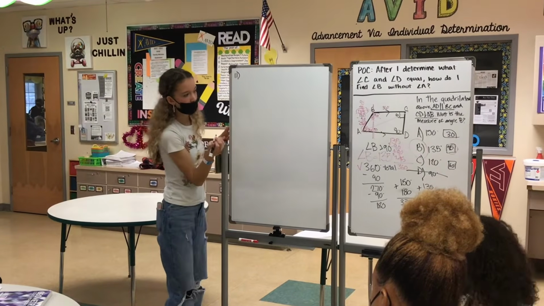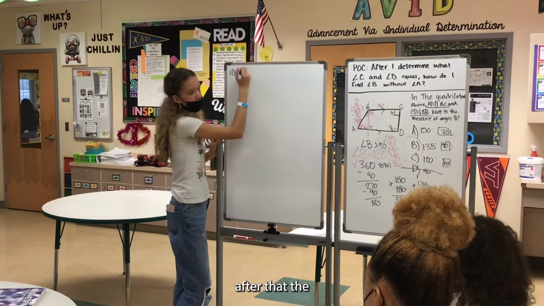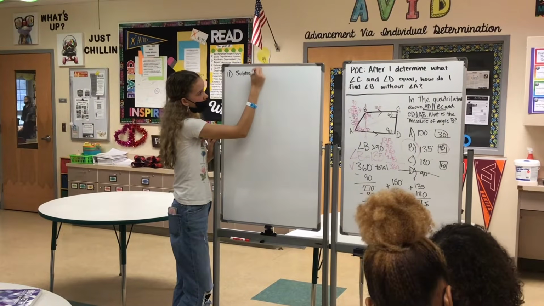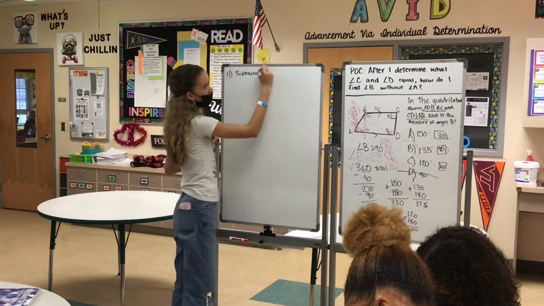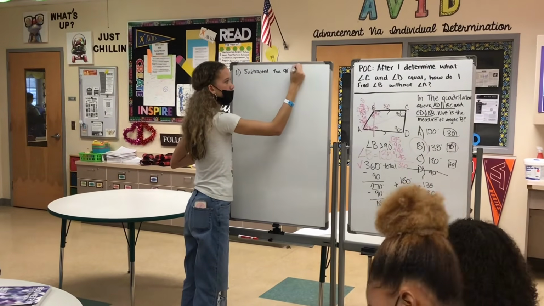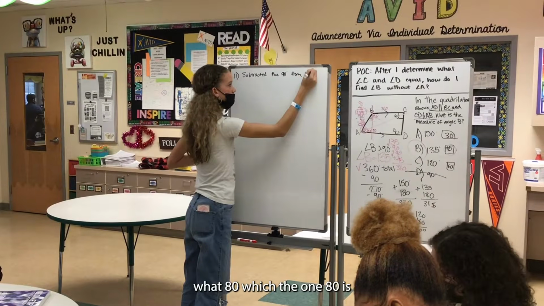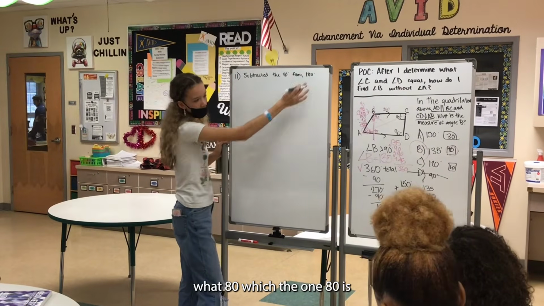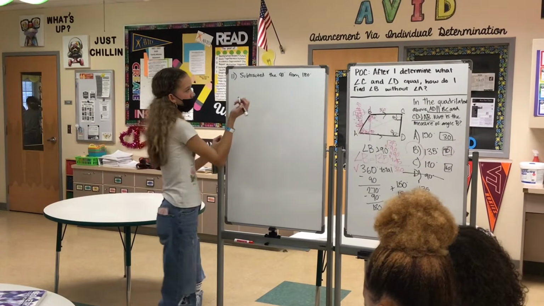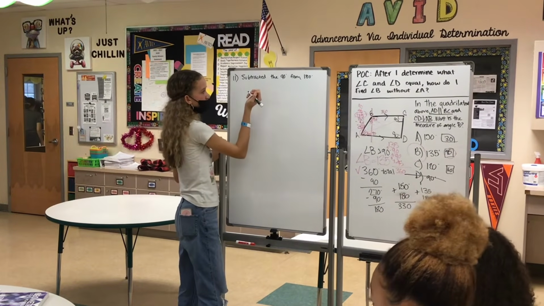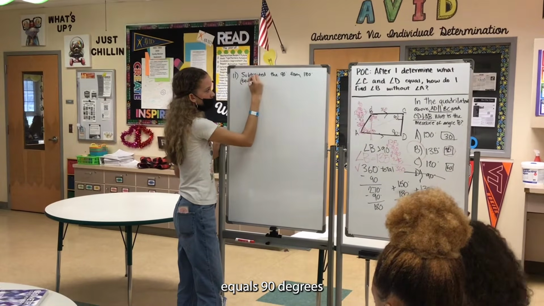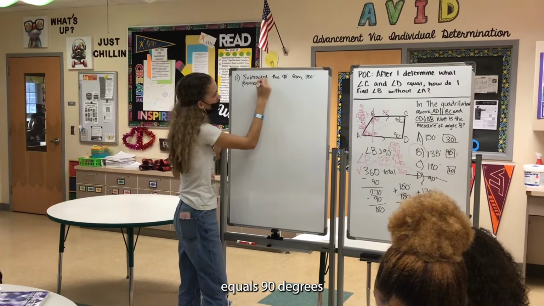And then after that, we subtracted the 90 degrees from 180, which is how much the triangle should add up to, which equals 90 degrees afterwards.